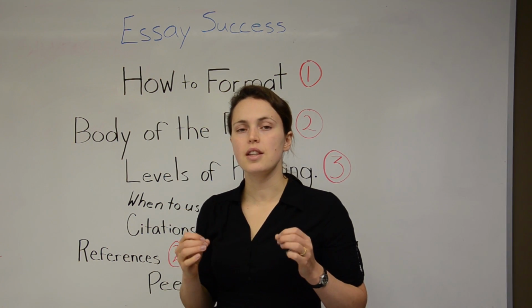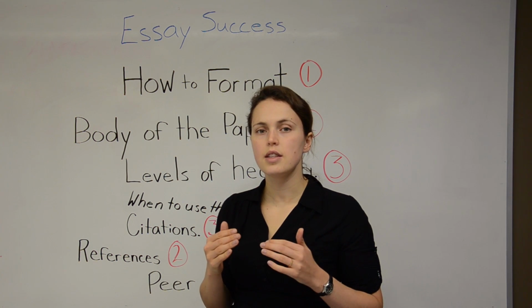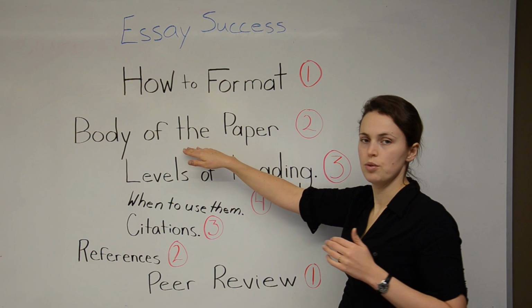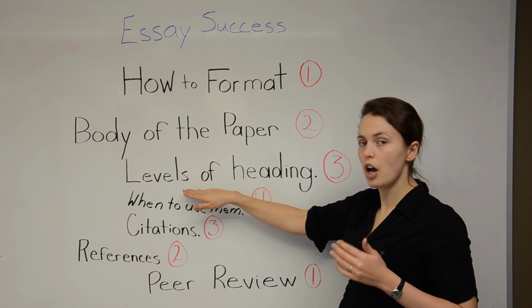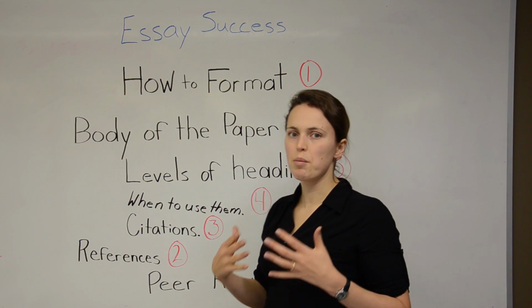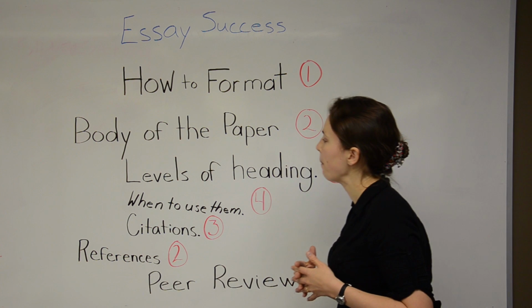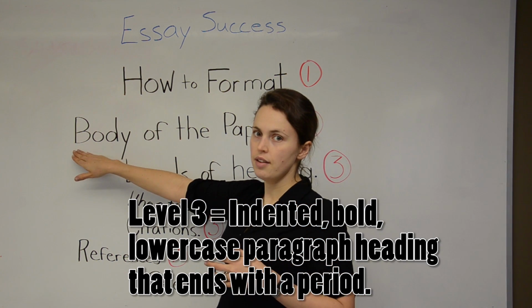Now, underneath Level 2 headings, you may have further subsections. These subsections are all related to the Level 2 heading. So within the body of the paper, we're going to talk about levels of headings. We're also going to talk about citations and a number of other things. They are indented. So this one's off to the left.